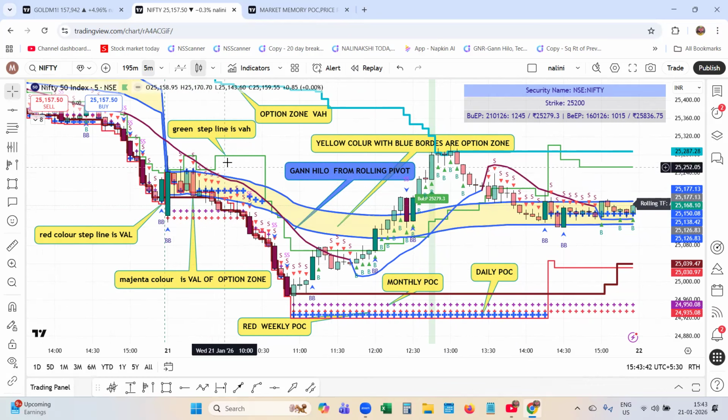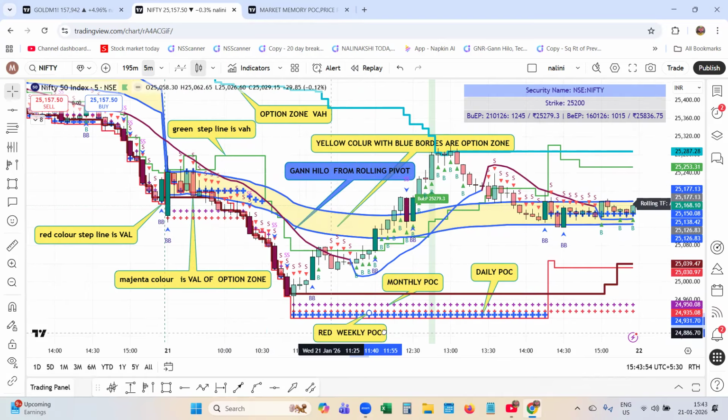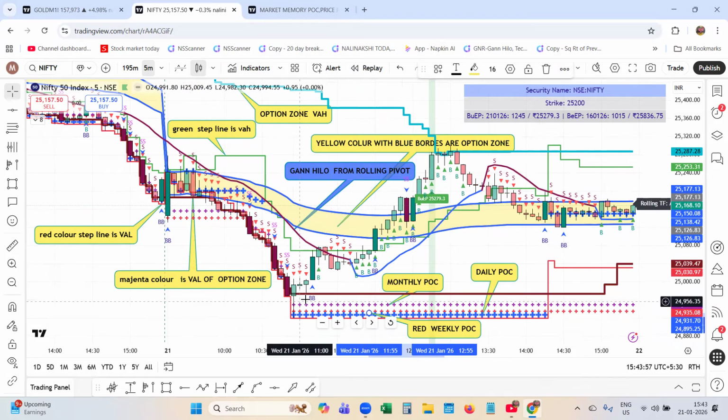Notice here the value area high was declining along with that. At one point of time, around 11 a.m., you can see a cluster of POCs, daily POC, monthly POC, and weekly POC.